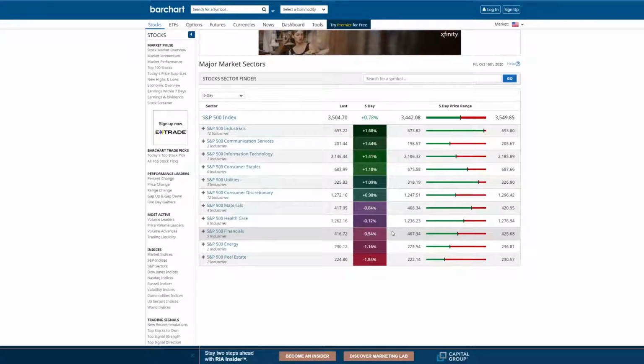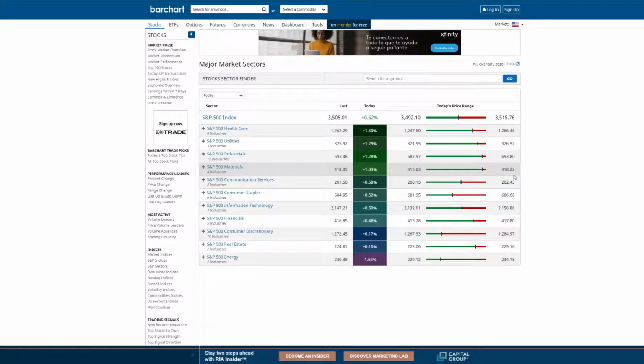Let's take a look at the last 5 days. Where's money flowing? Industrials, consumer services, communication services, information technology. What's lagging? Real estate, energy, and financials. How about today? Healthcare, utilities, industrials, materials. Yeah, so you see, right? That's what we were talking about before. If you're seeing that the equal weighted ETF is rising, and then we have the market leaders falling, there's a redistribution of the money into other asset classes, industries.